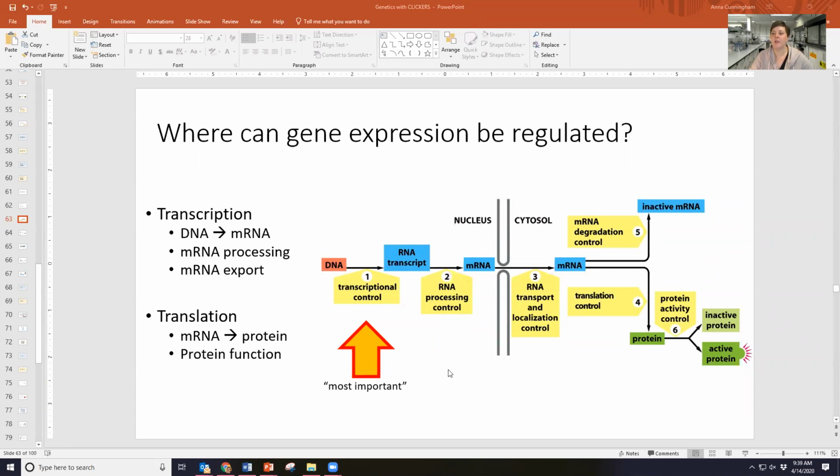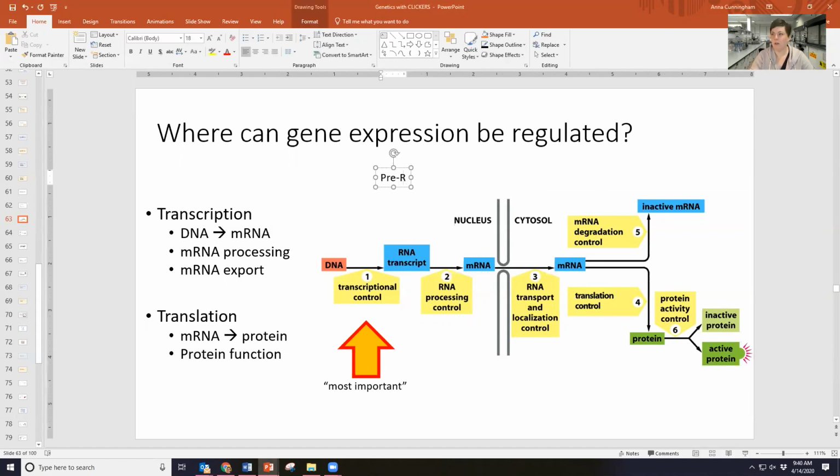All of this occurs in the nucleus. Remember, DNA is in the nucleus. And in the nucleus, DNA is transcribed into mRNA. Most mRNA processing also occurs in the nucleus. So we go from pre-mRNA, which is what it means by RNA transcript, basically the pre-processed mRNA.